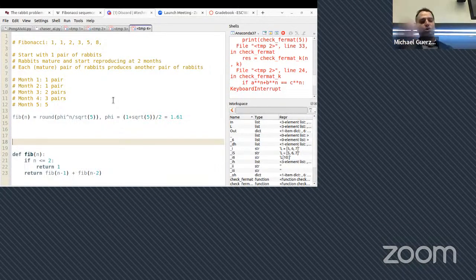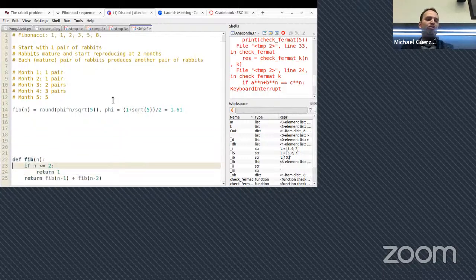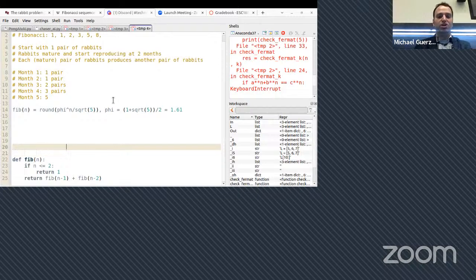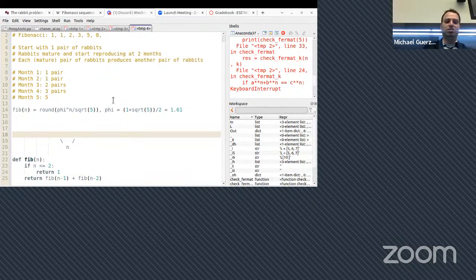Now how do we compute the complexity? Well, we do the usual thing, which is we try to count how many calls there are. We start with fib of n, and that produces 2 calls. To compute fib of n, you need to compute fib of n minus 1 and fib of n minus 2.